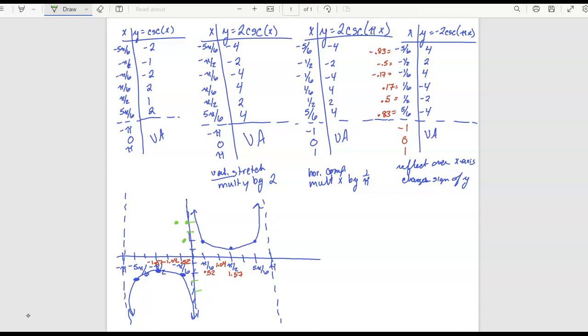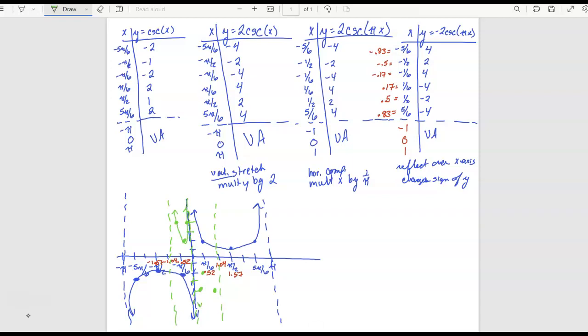And then we have 1/6, negative 4, 1/2, negative 2, and 0.83, negative 4, somewhere around here. Asymptotes, I really probably should have done those first. And then again, 0 is an asymptote for that transformation.